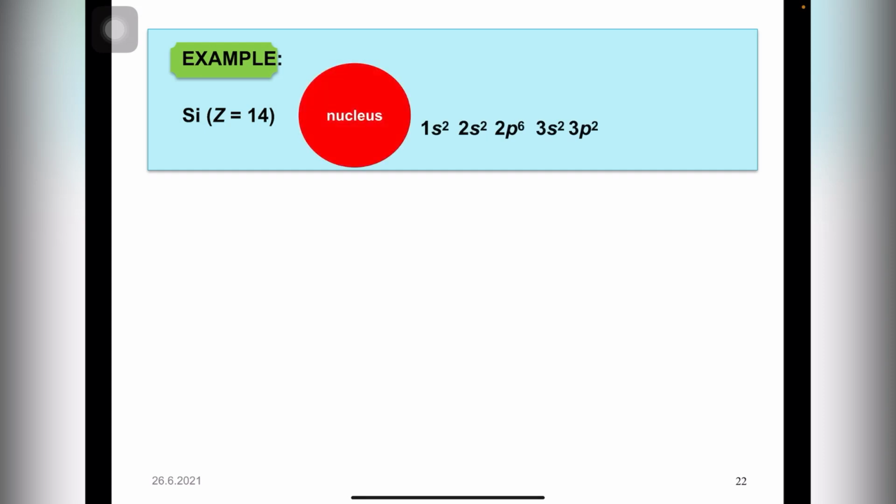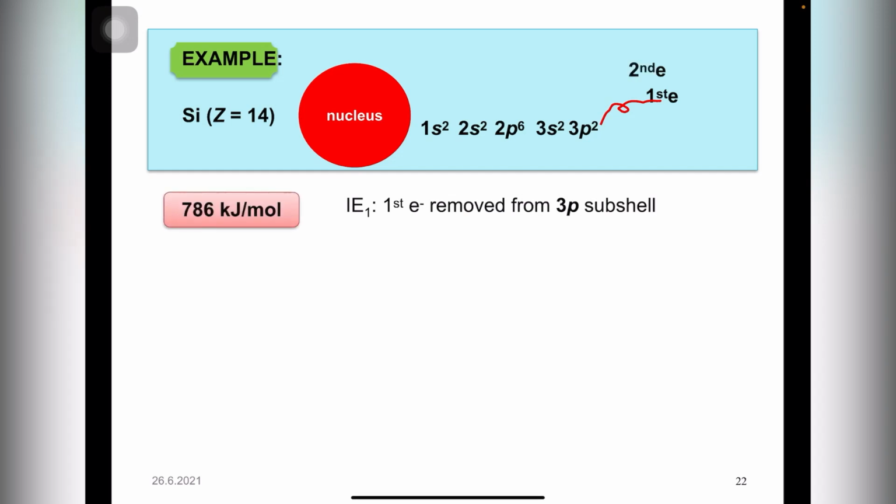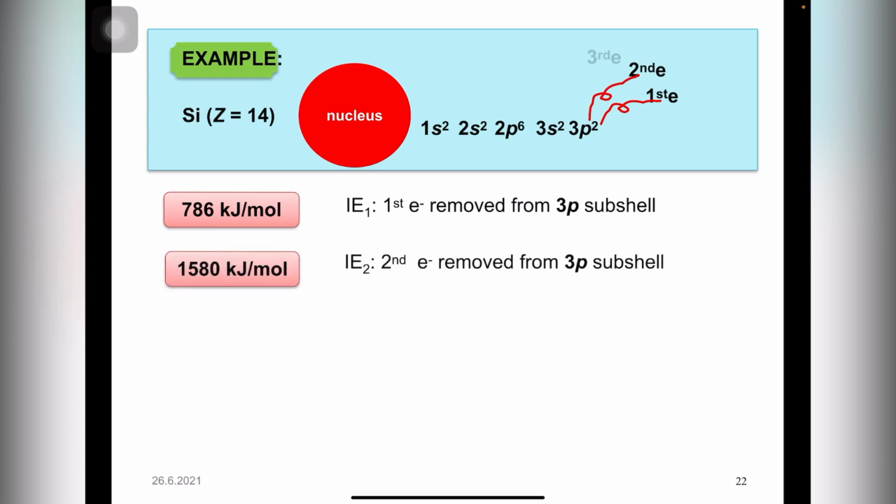Let's say this is the nucleus, and this is half of the figure, the atomic model for the silicon atom. To remove the electrons, we remove the electron at the outer shell, in the 3p. So the first electron is removed, the second electron is also removed from the 3p, and the third electron is removed from the 3s.